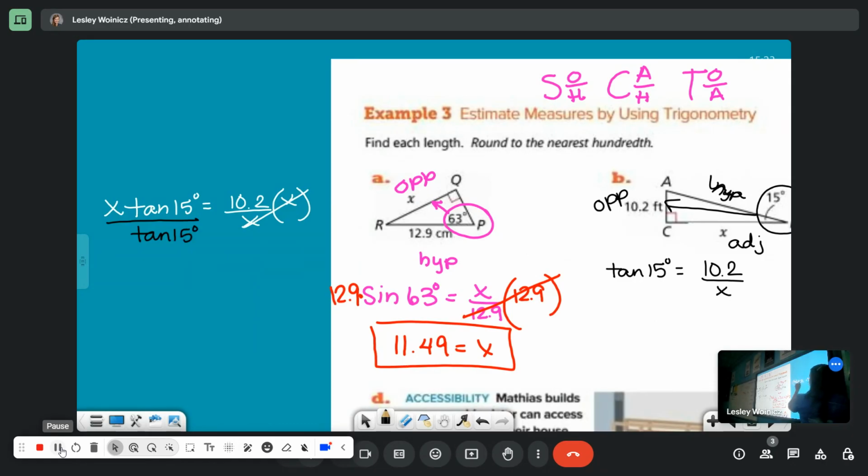Okay, so now in the denominator, I now have where the X used to be, a tangent of 15 degrees. And these cancel. So I have X equals 10.2 divided by tangent of 15 degrees. Now, look at what I started with. Look at this equation. What happened?